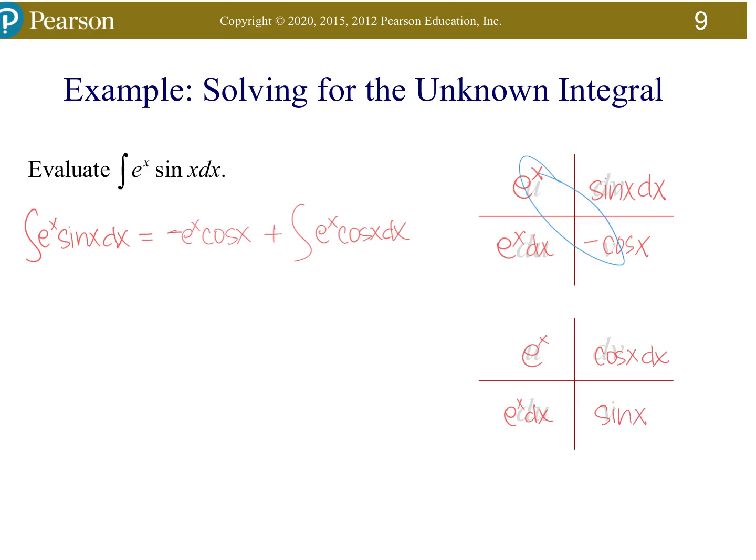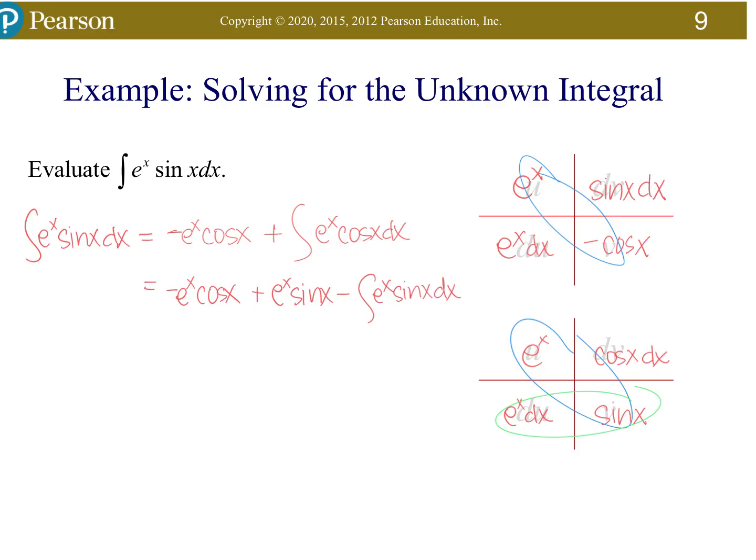All right, and so we are ready to work through the pairing up of parts again. So we still have the original negative e to the x cos x, plus the next part would be e to the x sine x, and then minus our final part of e to the x sine x dx.